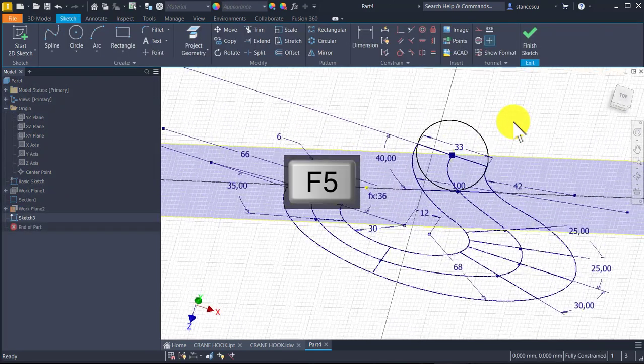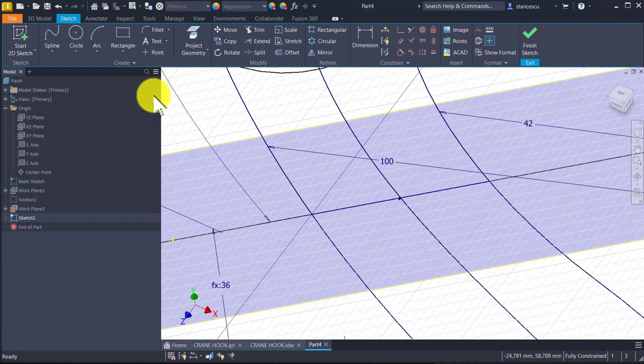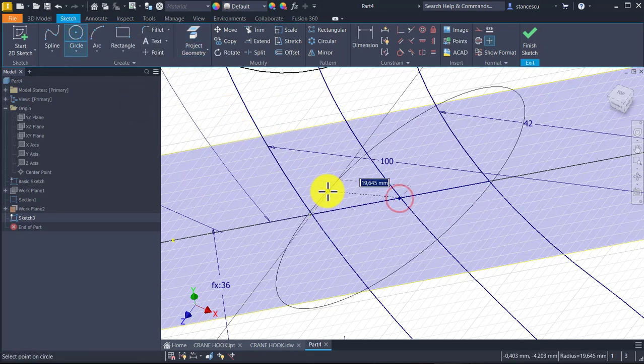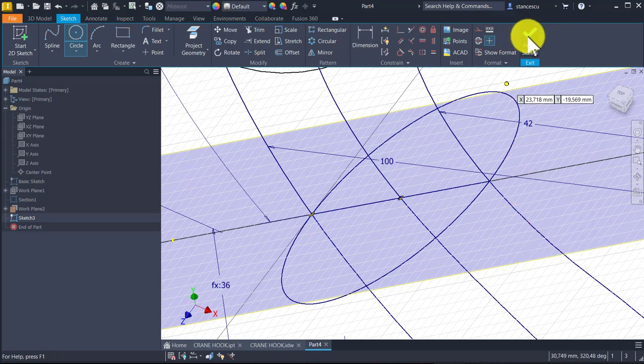F5 to have the same view in attention, and project these 2 lines. Two points, excuse me. I draw a circle with these points as a definition, and now I have to draw 2 lines.